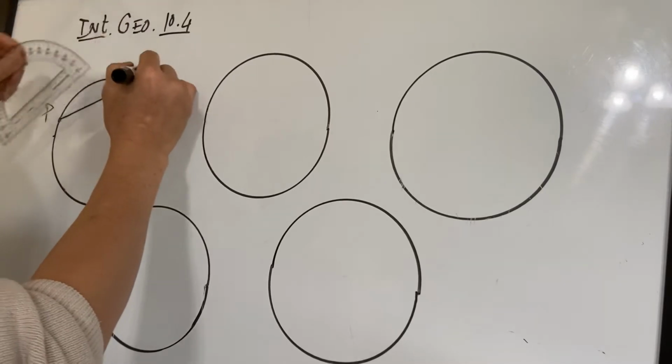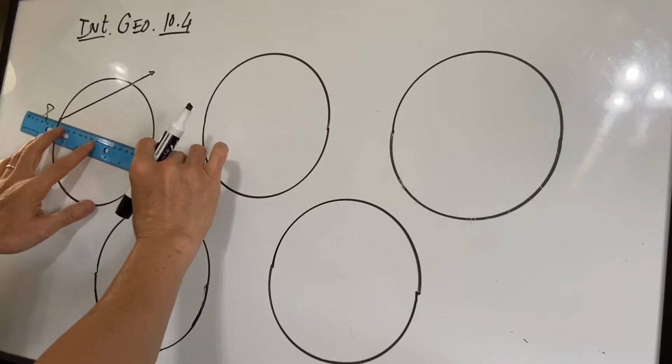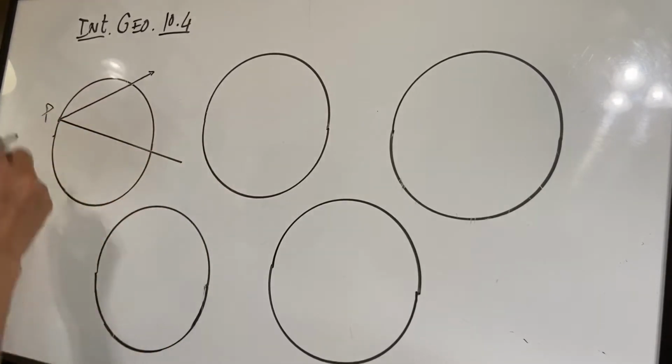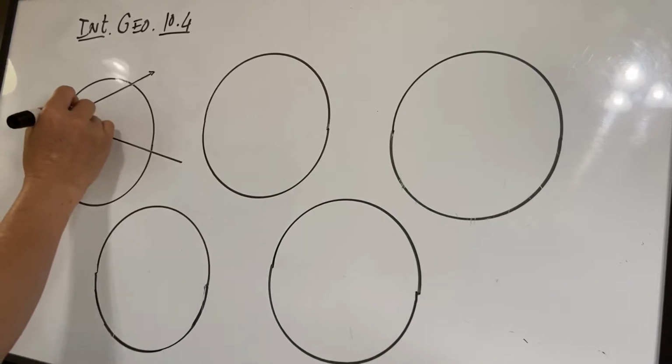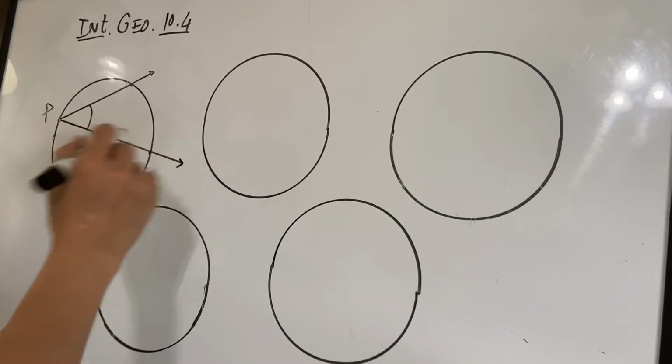Two rays that share the same point on the circle will make an inscribed angle. You see it? This angle P is made up by the two chords, or by the two rays.